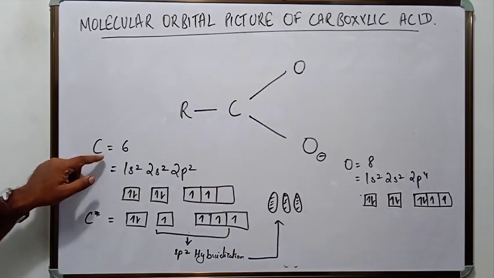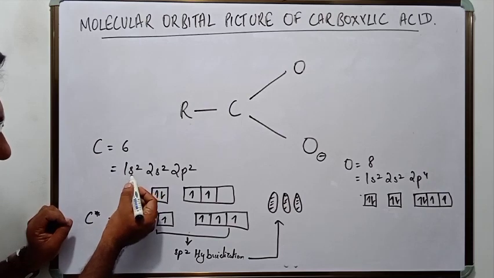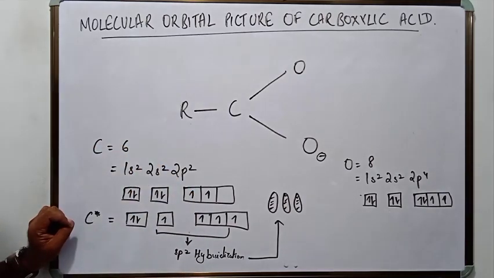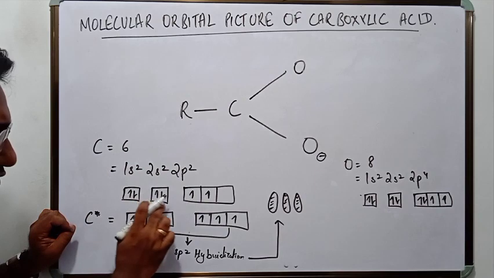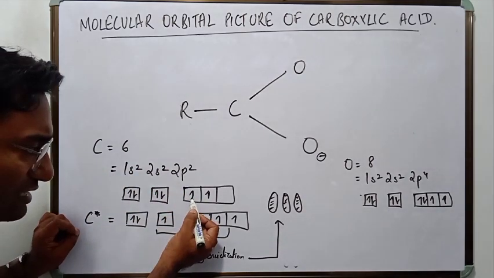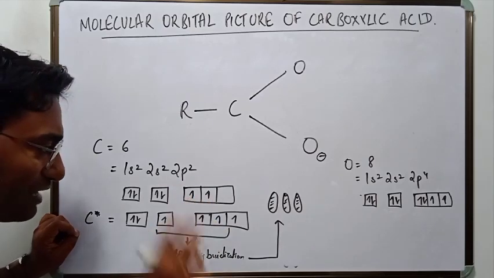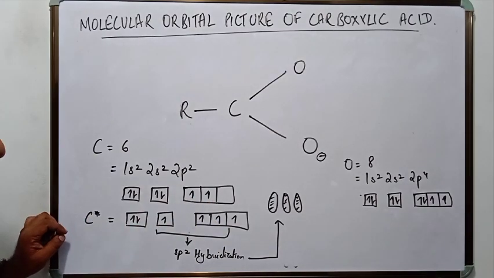Let us see the atomic number of carbon. Carbon's atomic number is 6. Its electronic configuration is 1s2, 2s2, 2p2. If you draw it, it would look like this. At first glance, it seems that the number of valence electrons of carbon is only 2, that is, the valency of carbon is 2. But that is not the case.